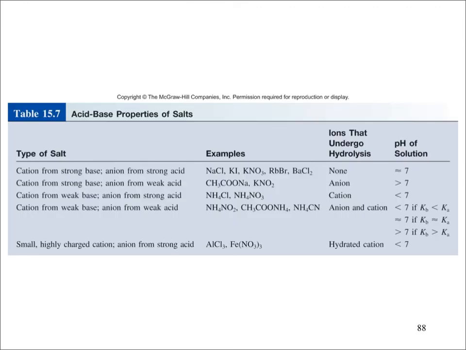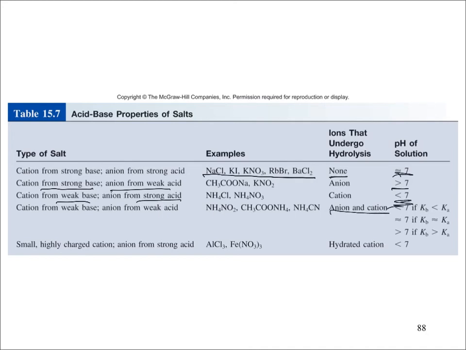So here is a simple little table of acid-base properties of salts. You can see for strong acid and strong base, there are no ions that undergo hydrolysis. pH is around 7. With a strong base and weak acid, pHs are greater than 7. Weak base and strong acid, pH is less than 7.